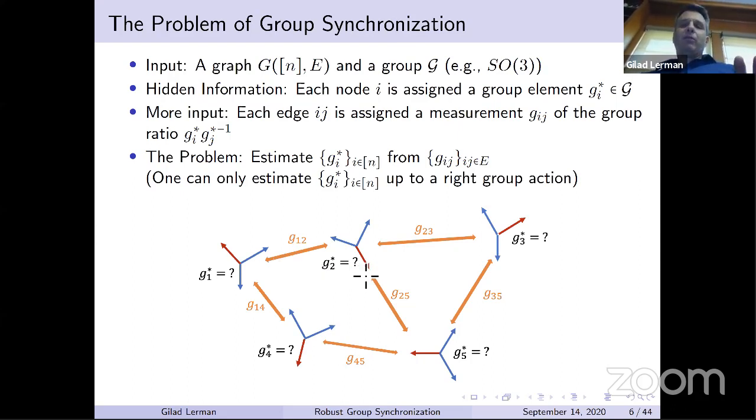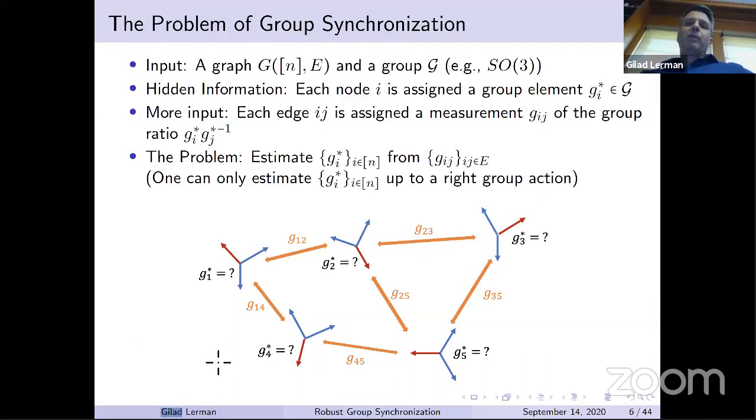So let me make sure you're all with me. Actually, let me first tell you that it sounds like a very abstract problem, but this problem has real applications. One of the central applications is in computer vision.